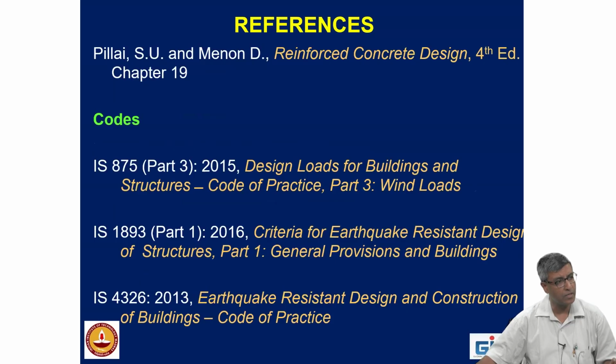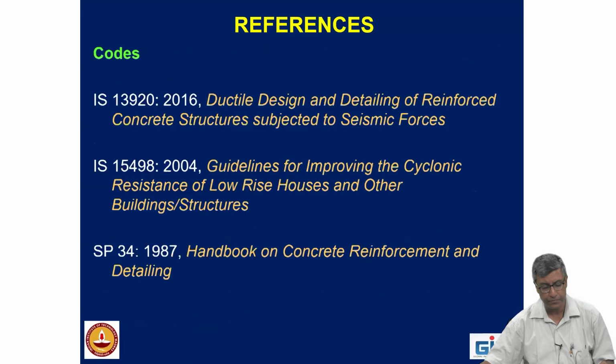Now, what are the relevant codes? IS 875 part 3 is related with the wind loads. IS 1893 part 1 is related with the earthquake loads, specifically for buildings. IS 4326 is related with earthquake resistant design for low-rise buildings.